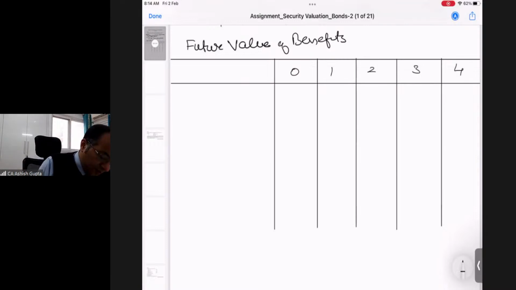Okay, now see, our investment is simply rupees 900.